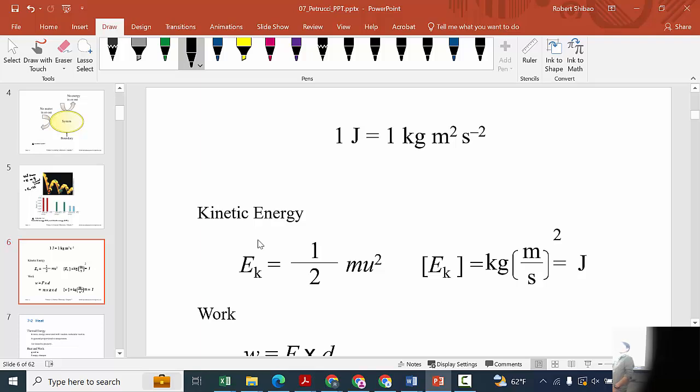What other types of kinetic energy do we have?